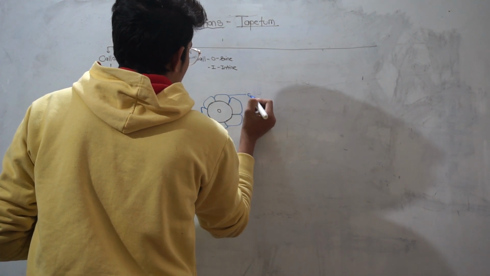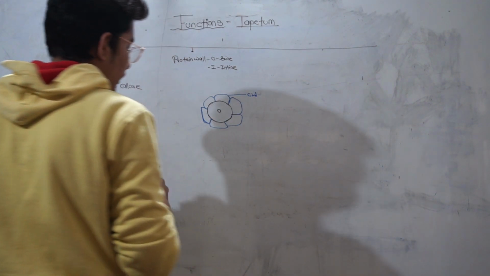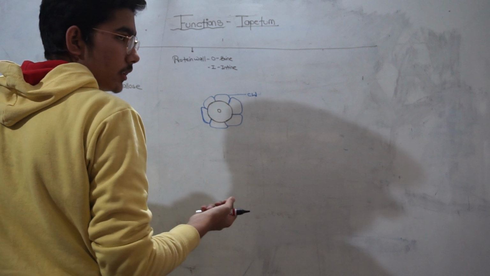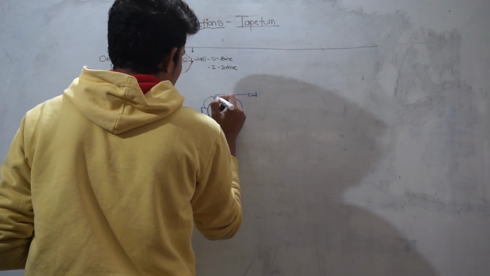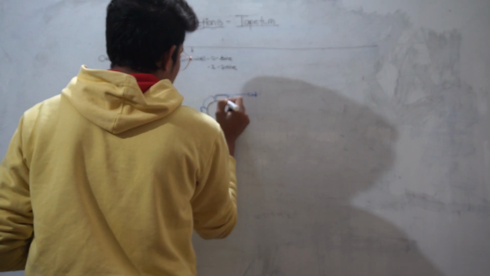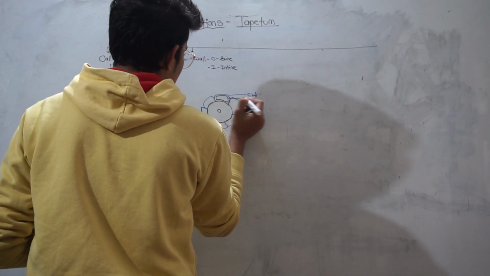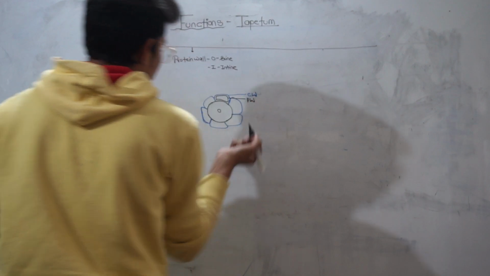This is the cell wall, and inside it there will be a formation of this protein wall like this.